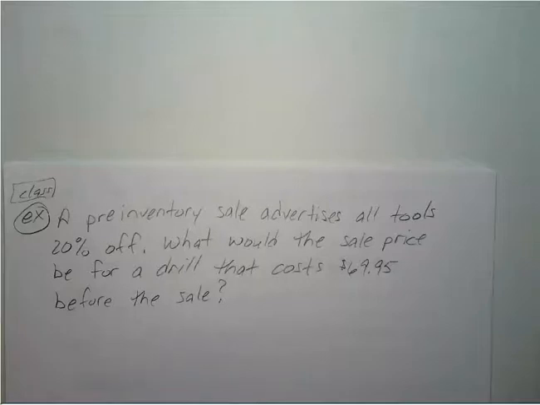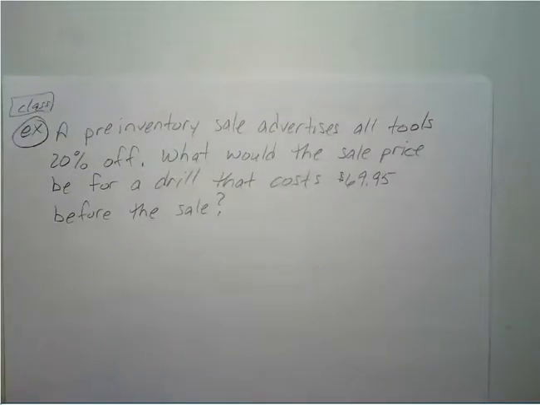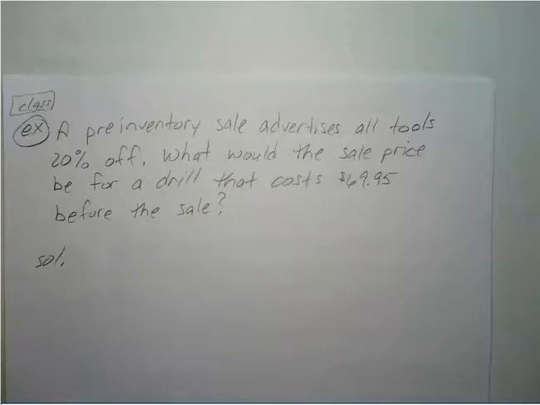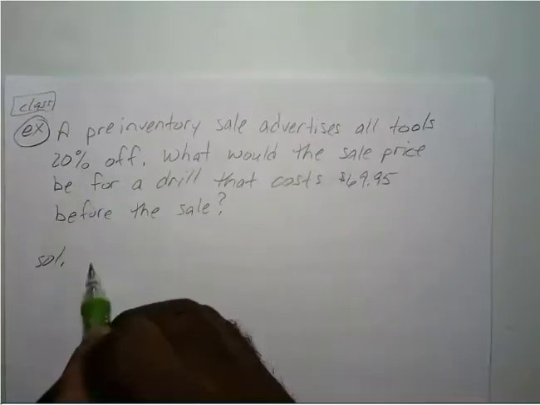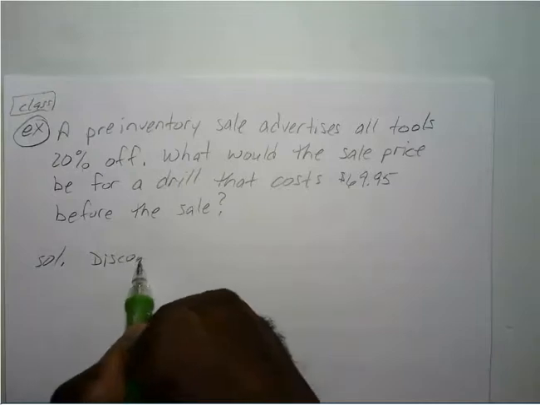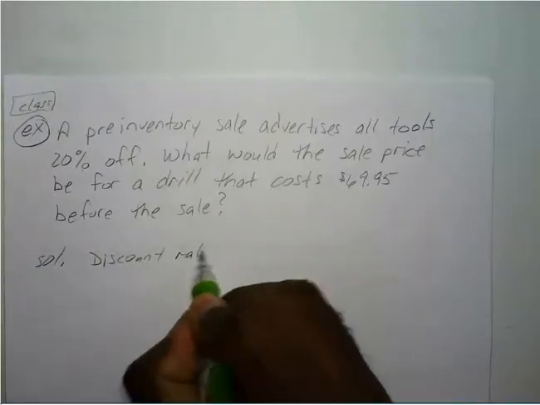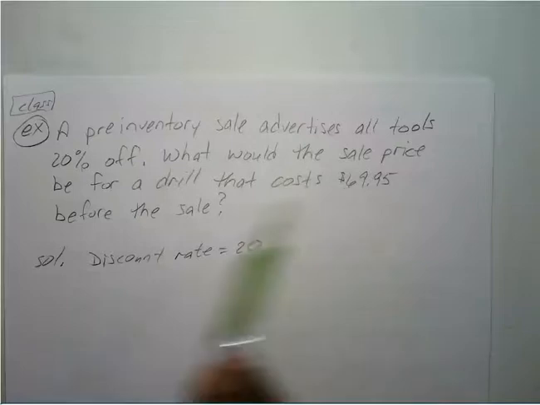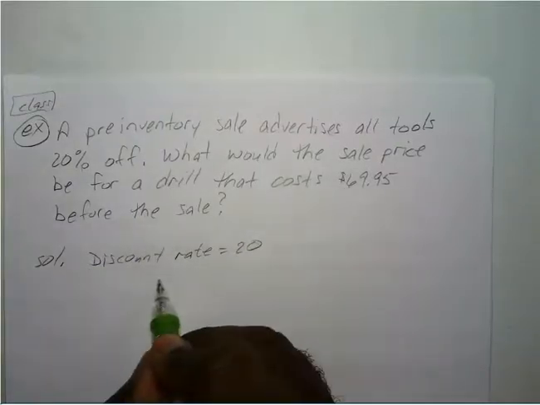All right, so assuming you've pressed pause and you've already finished this, let's go ahead and verify it. Okay, so you have your discount rate, which is 20%. Okay, you have your list price, which is $69.95 before the sale, so that's your list price.